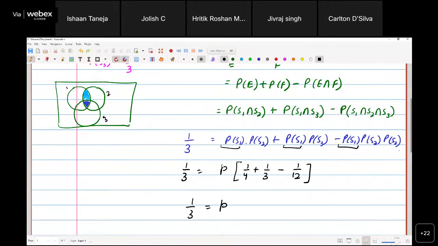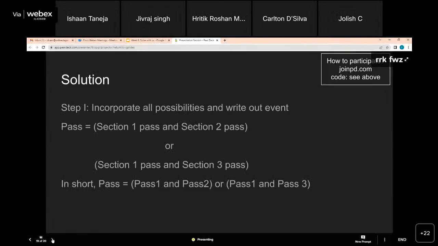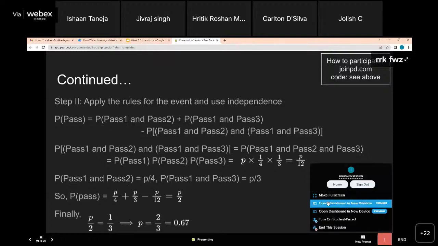It would be 6 over 12. P would come out to be, if I'm not wrong, 2 by 3. I might have made a mistake, not sure. So that should be the approach here. Yeah, that's how we did it.